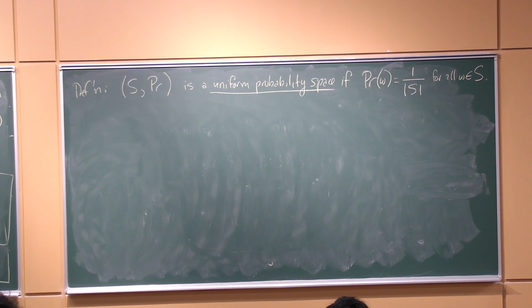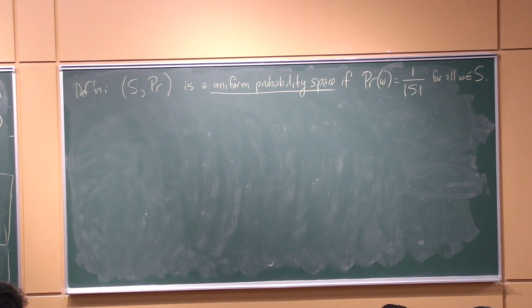Would anybody like to see an example of a non-uniform probability space? Yeah? Wouldn't the addition of the 2 dice be the 7, only 7 have that? Yep. So if I say the experiment is I roll 2 dice and take their sum, and that's the outcome of the experiment, then the outcome set is the integers 2 through 12, and it's not a uniform one, right?